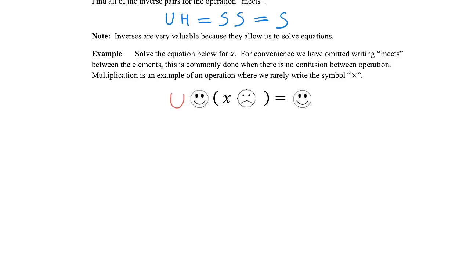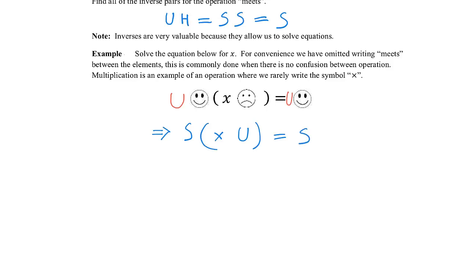If we apply an unhappy on the left and an unhappy on the right, the result of unhappy and happy is surprised. So that becomes surprised, and in the brackets we still have the same thing, x, unhappy, nothing changed there, and on the right-hand side we happen to have unhappy and happy, that makes surprised as well.